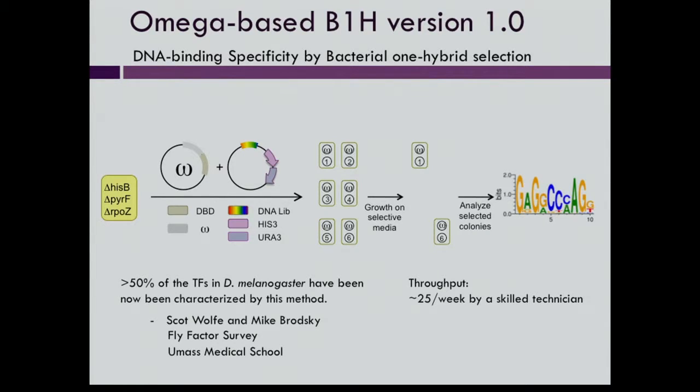If it's not a compatible interaction, the cell doesn't survive. So once you grow them under selective conditions, you recover those colonies, and then you sequence the window of the plasmid that had been randomized, and you can get a representation of what sequences were required for that cell to survive, which represents the DNA binding specificity of the transcription factor.